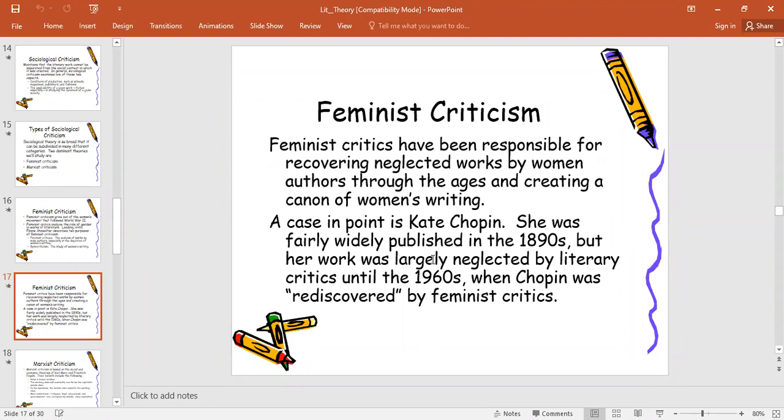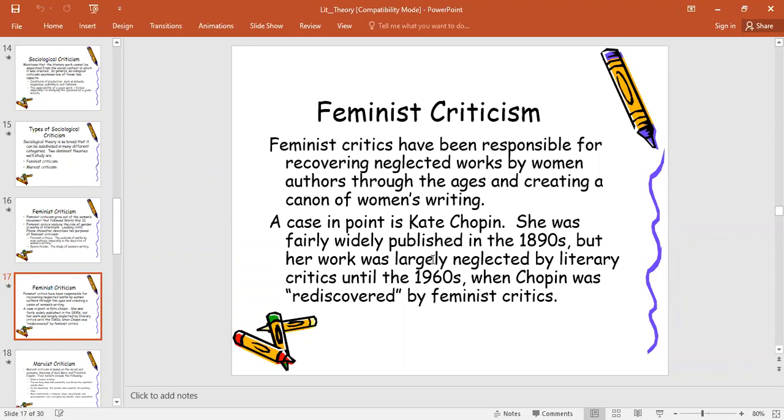A case in point is Kate Chopin. She was fairly widely published in the 1890s, means in the last decade of the 19th century. But her work was largely neglected by literary critics until the 1960s.